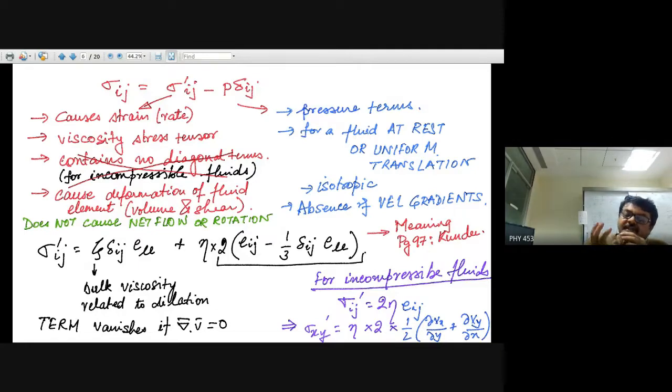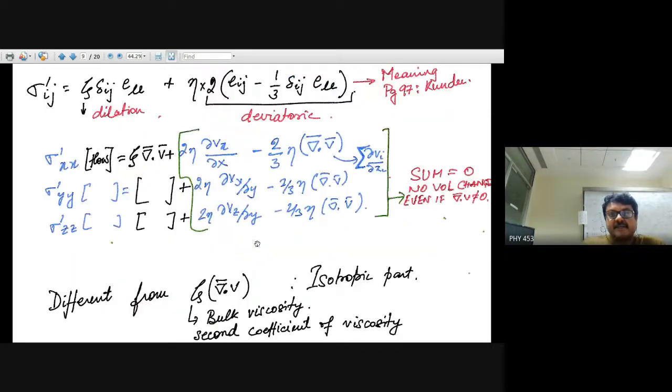So that gives, at a certain point, the mean deformation, the contribution of deformation which is perpendicular to the area. And the diagonal term, so let's look at sigma dash xx.